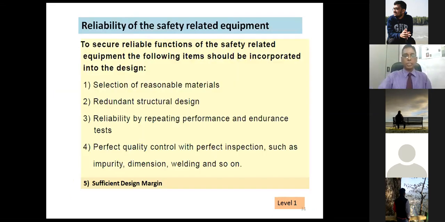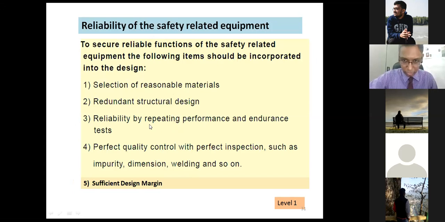And the most important and easiest one, that you already know about, is the reliability of the safety related equipment. How can we ensure the reliability of the safety system equipment? First, you have to select reasonable materials which are available. You have to select the system or structure in such a way that it is redundant.